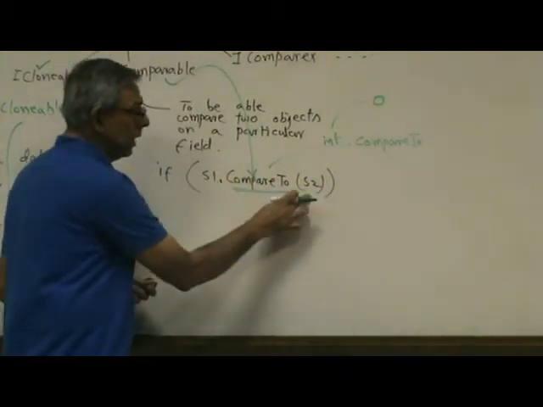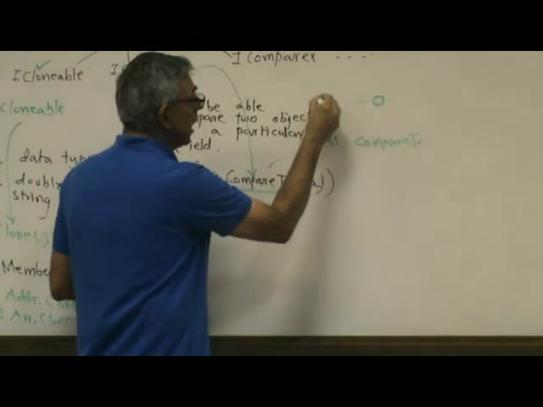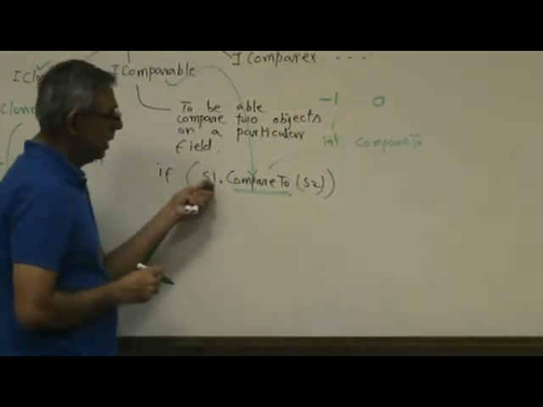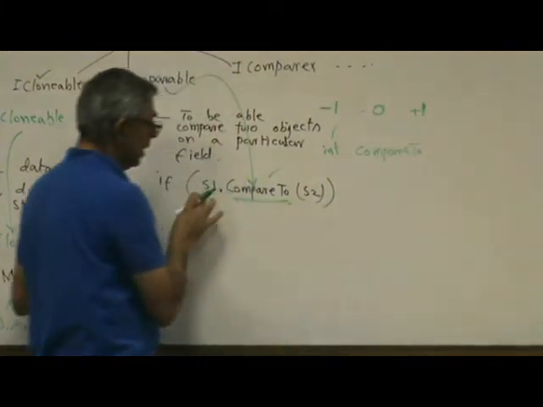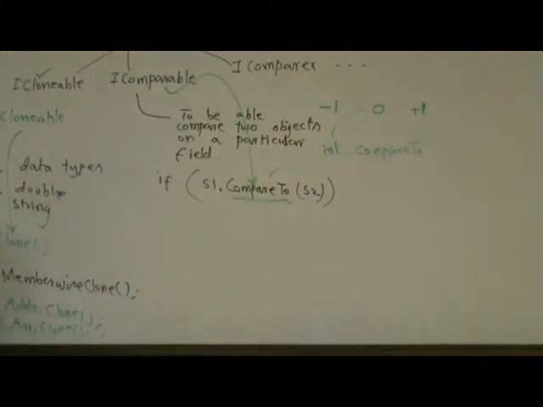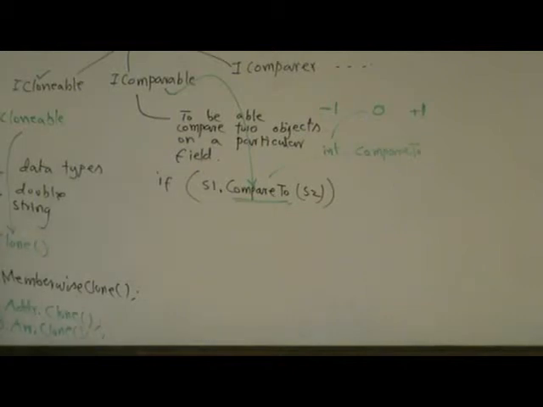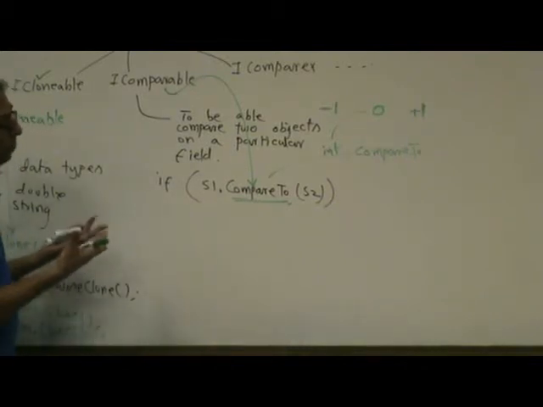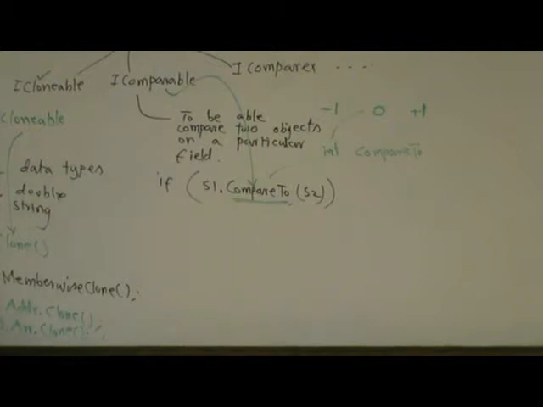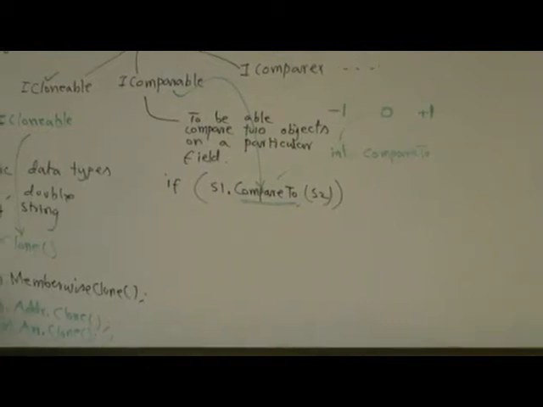S1 is equal to S2. If it is -1, what does that mean? S1 is less than S2, and +1 means S1 is greater than S2. So anytime we call CompareTo, you will get one of the three possible numbers, -1, 0, or 1, right? Now we can use it in comparing two simple things. We can use it in sorting as an example, right?